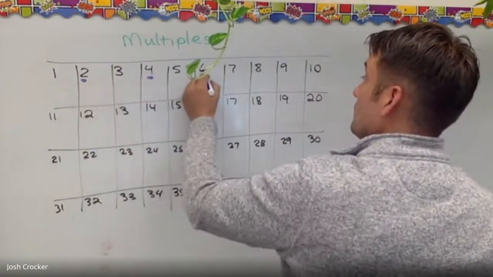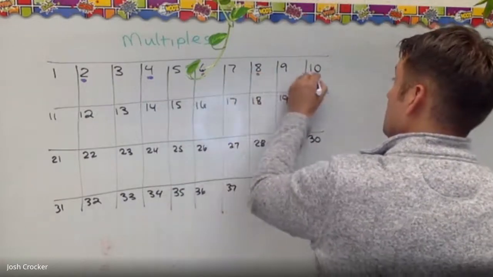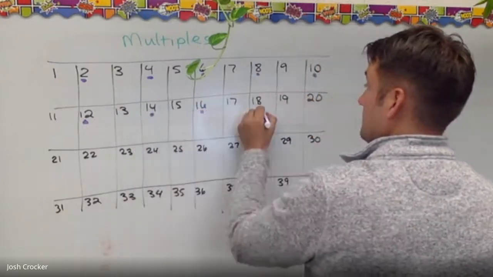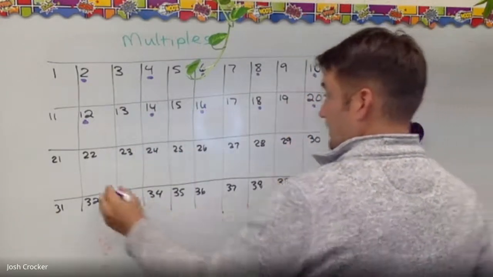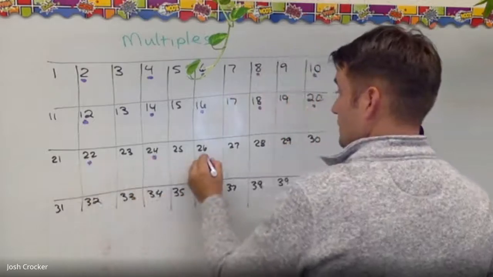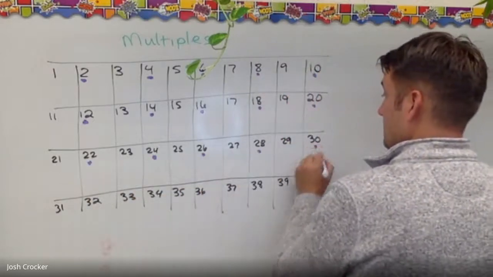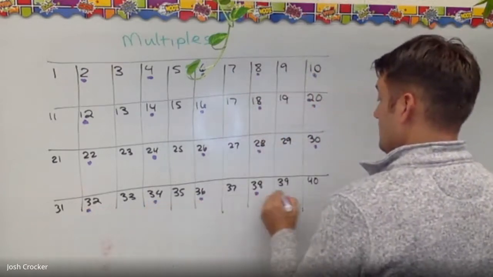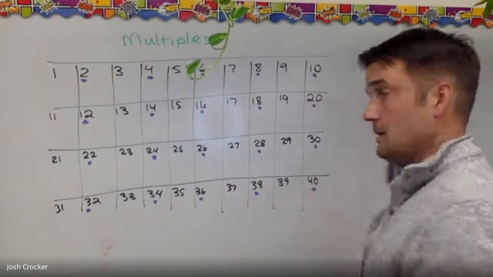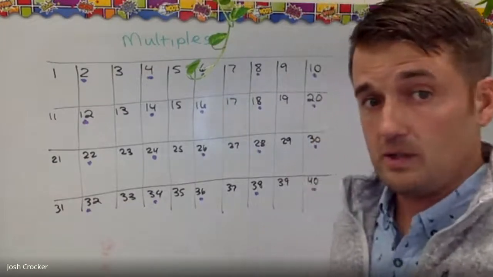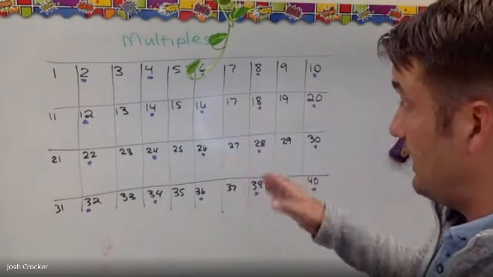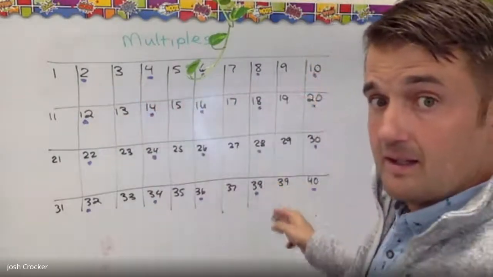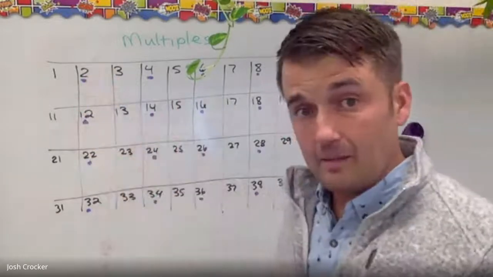So 2, 4, 6, 8, 10, 12, 14, 16, 18, 20, 22, 24, 26, 28, 30, 32, 34, 36, 38, 40. Okay, so those are all the multiples of 2, and it makes a nice little pattern, right? It's basically just skip 1, and it goes evenly into 10, so it stays nice and lined up.